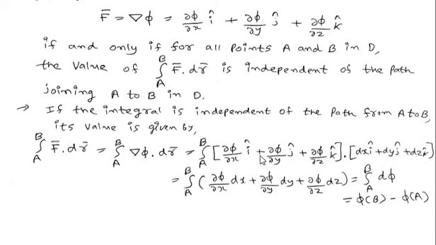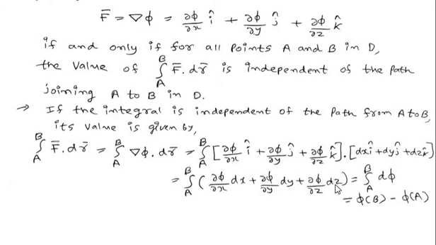Now you have to find the dot product of these two. So i dot i is 1, so it becomes del phi by del x into dx, plus similarly del phi by del y into dy, plus similarly del phi by del z into dz.